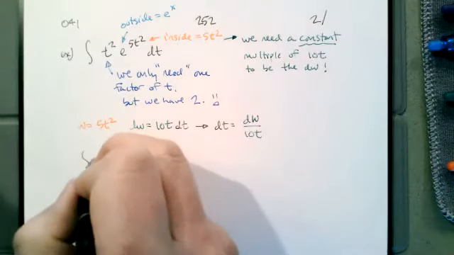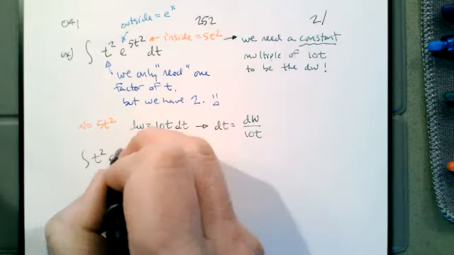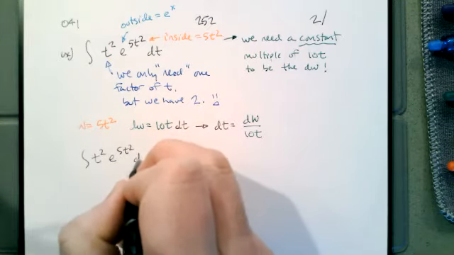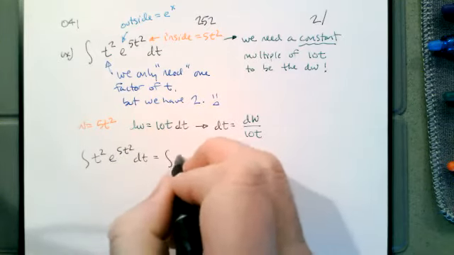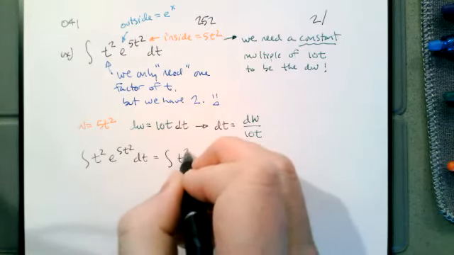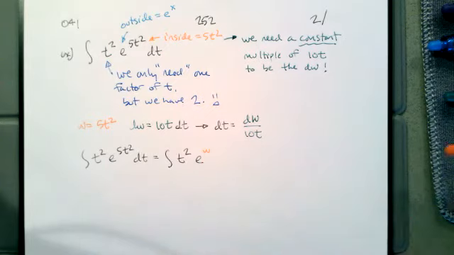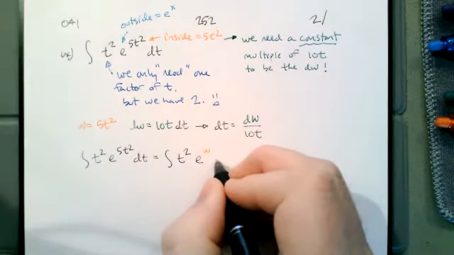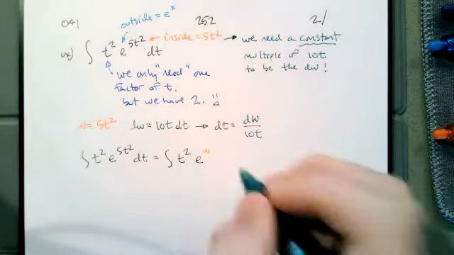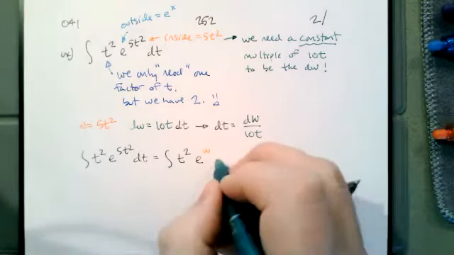So our integral of t squared e to the 5t squared dt, having dealt with the e to the 5t squared, 5t squared can be w. And then the dt I replace with dw over 10t.